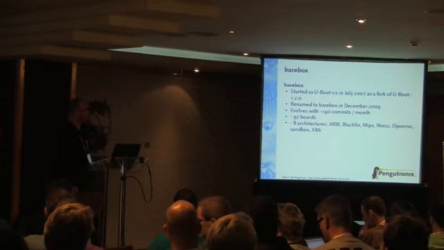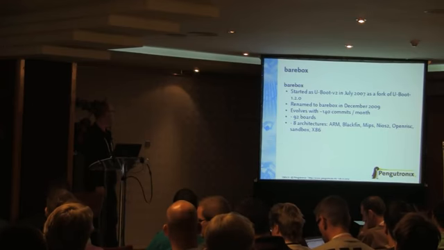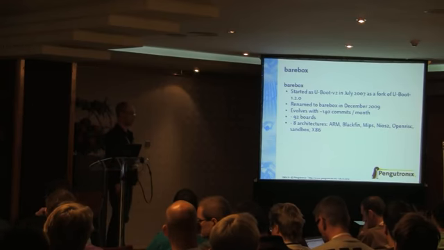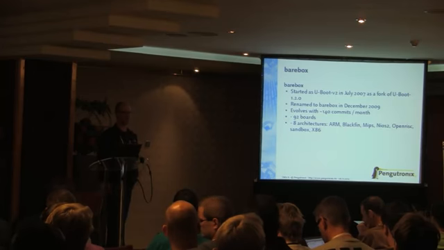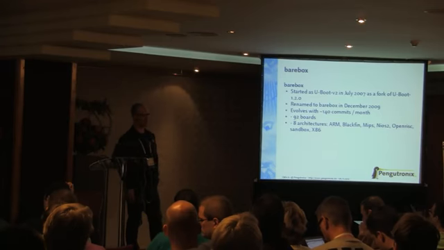So Barebox started in 2007, based on U-Boot 1.2. The original plans were to convert it back into U-Boot, but the reactions on the U-Boot mailing list weren't exactly that enthusiastic.